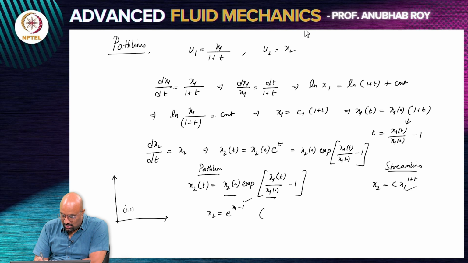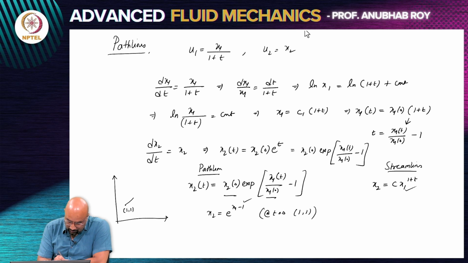So this is a particle that at t equals 0 was located at 1, 1. As I move forward, it's going to be something like this, exponentially increasing.